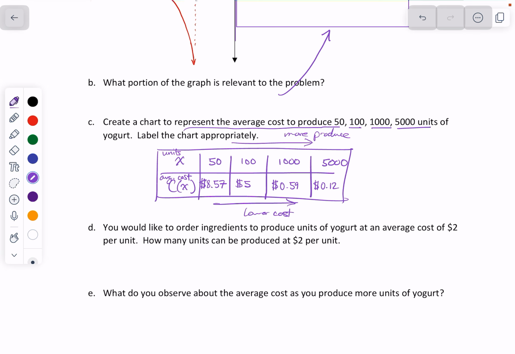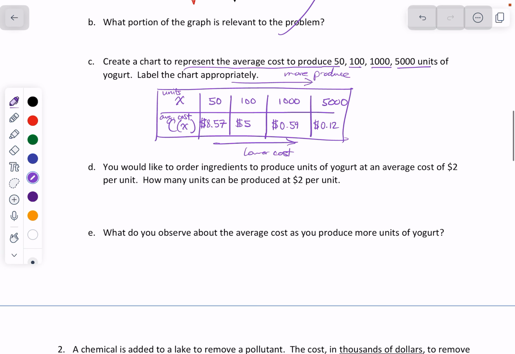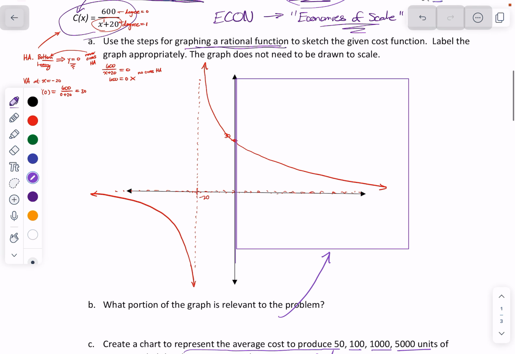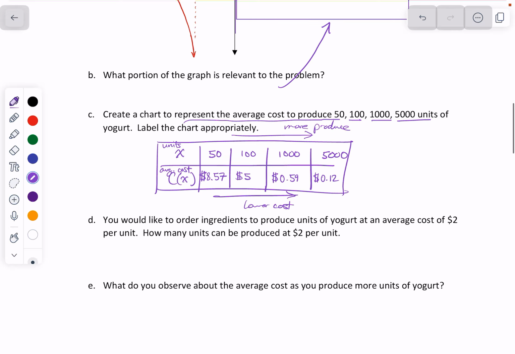So your average cost can go down and you can outcompete your other competitors. So that's essentially the idea. So the function does that. The average cost lowers the more you're able to produce with the same resources, basically. So that's our little chart there.